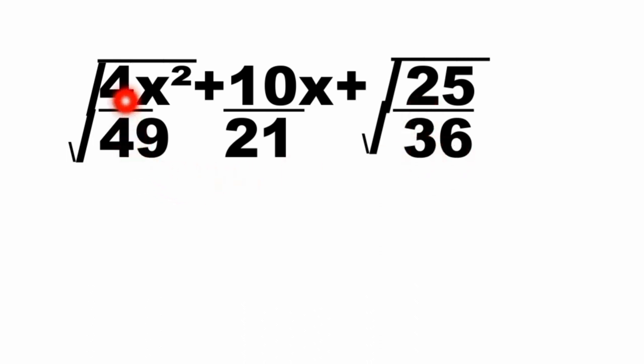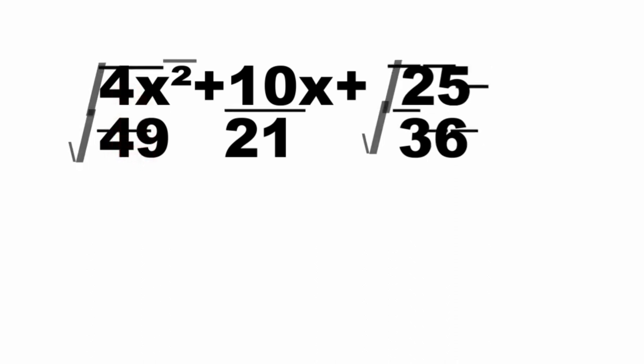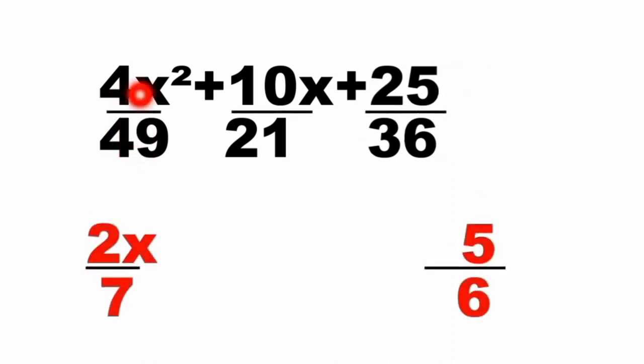You know that 4 is a perfect square, and also 49. The square root of 4x squared is 2x, and of 49 is 7, and the square root of 25 is 5, and the square root of 36 is 6. And the middle term, how come the middle term is just 21 and 10? This must be twice the product.